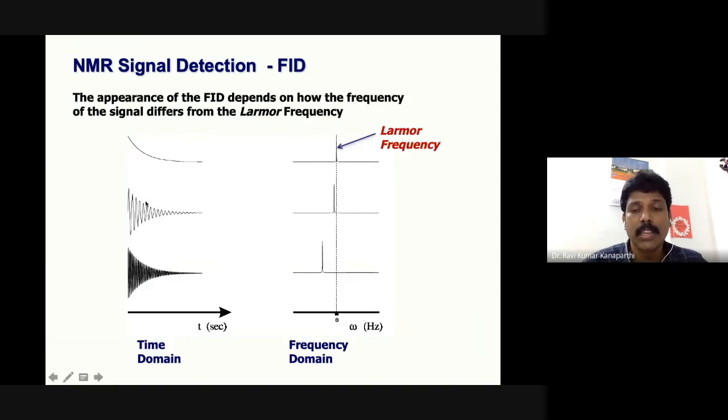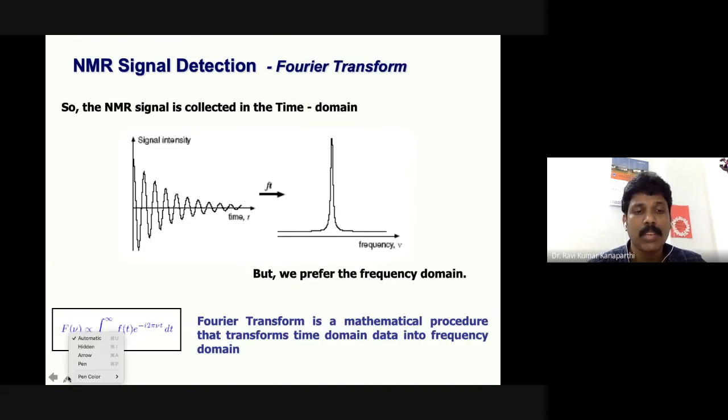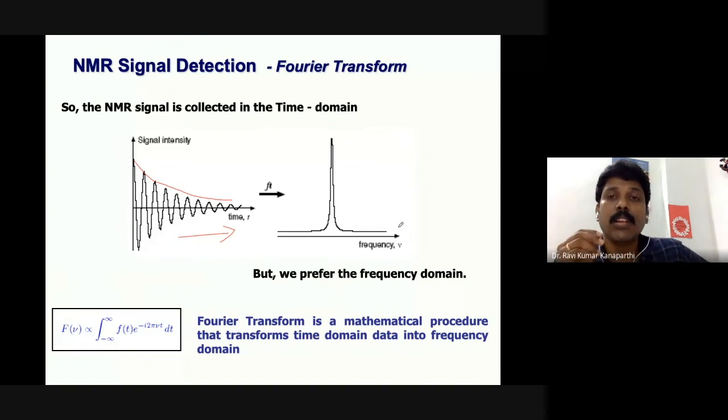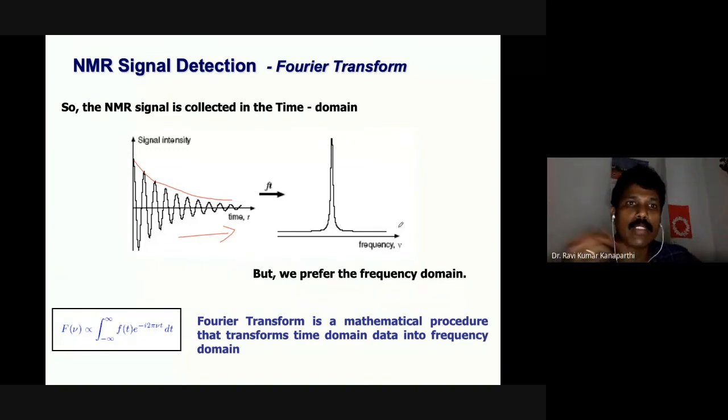So this is an FID, one of the FIDs. You can imagine it like this: the FID is nothing but time versus signal intensity, and it decreases slowly. You can convert this to frequency information through the process referred to as Fourier transformation. Some people also call the NMR spectrometer a Fourier transform NMR spectrometer.